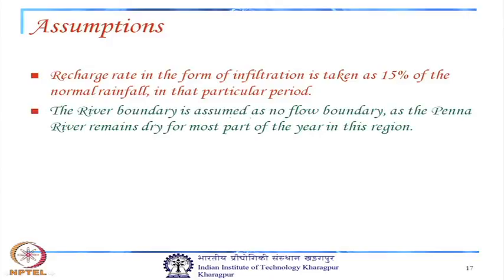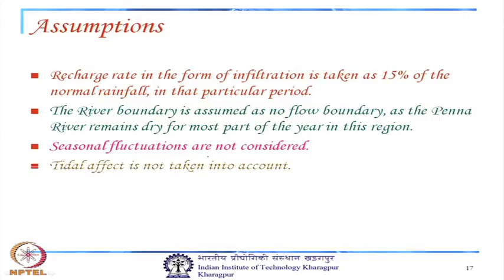The river boundary is assumed as no flow, as Penner river remains dry most part of the year in this region. Although there is some amount of discharge, we have assumed it is a no flow boundary, not contributing to the study area. Seasonal fluctuations are not considered, tidal effect is not considered.